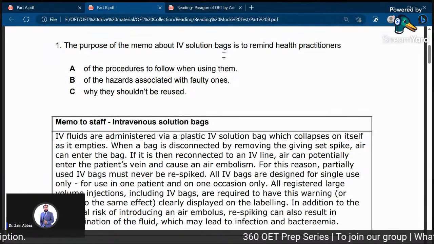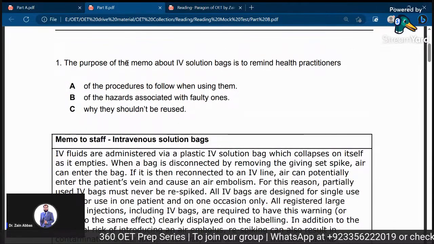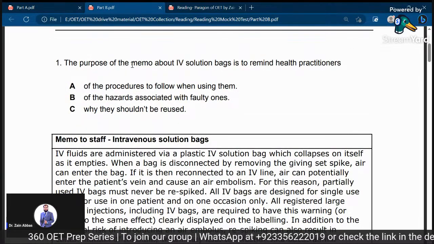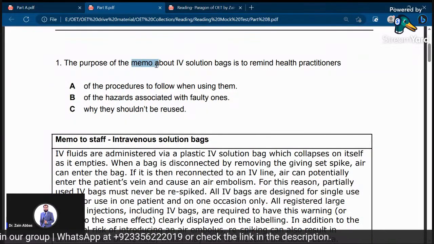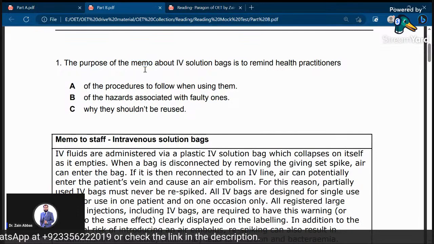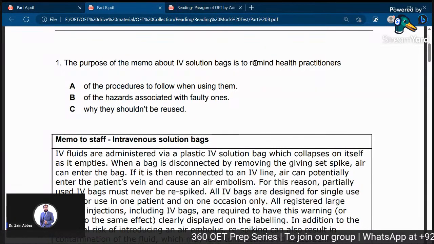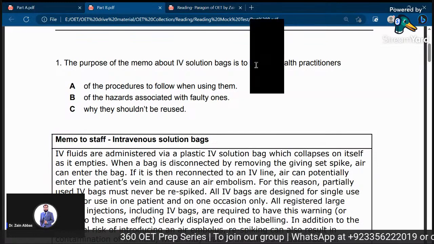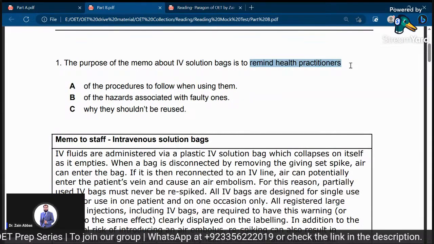And here I can apply the one technique that I have just told you, the context technique. Sometimes you are not aware of this word, memo, so you can just use the context of the sentence. It is about the purpose of the memo about the IV solution bag, to remind healthcare practitioners.